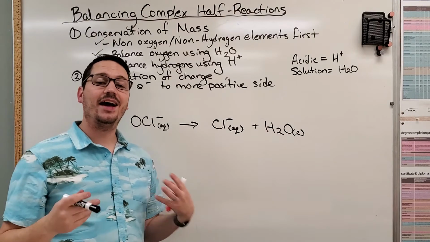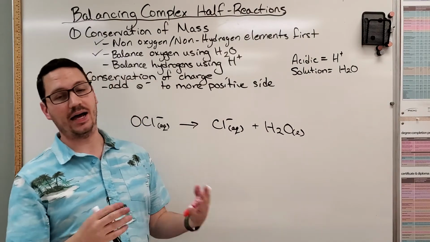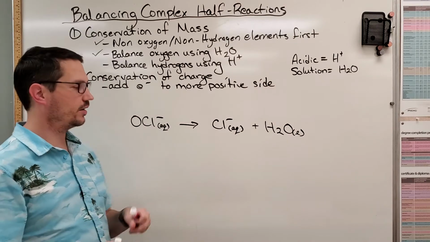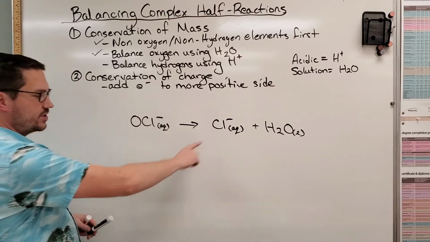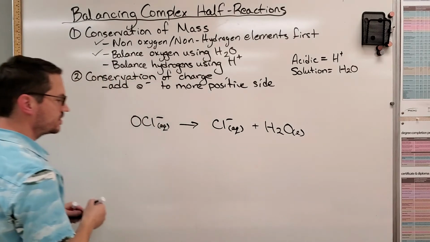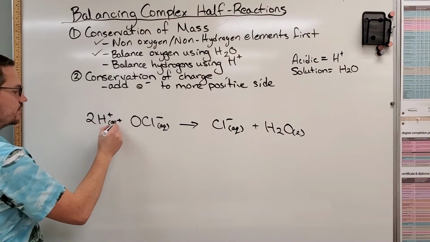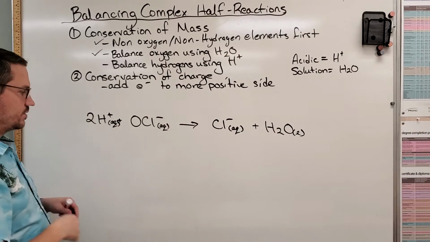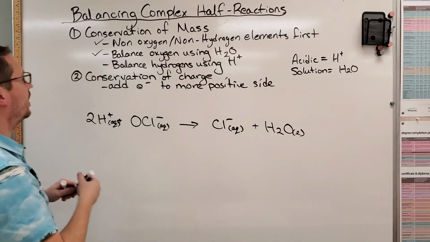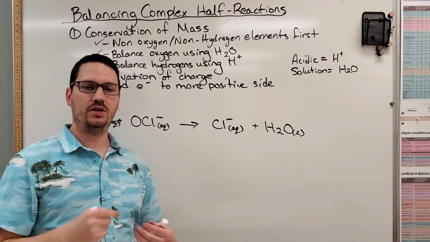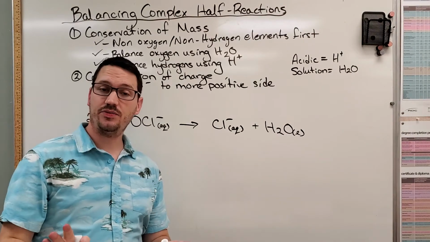Then I'm going to add hydrogen ions because it's in an acidic solution, so we have access to hydrogen ions and water. I see no hydrogens, 2 hydrogens. So I'm going to add 2 hydrogen ions. So 2 hydrogens now, 2 hydrogens now. Our mass is done.